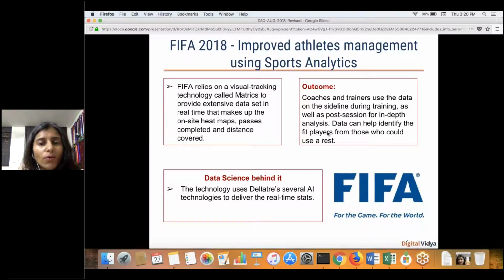So one of these software tools is able to generate heat maps and information on passes which got completed, which got missed, what kind of distance, and a whole lot of information. With this information, the coaches are now able to leverage existing data much, much more profoundly.